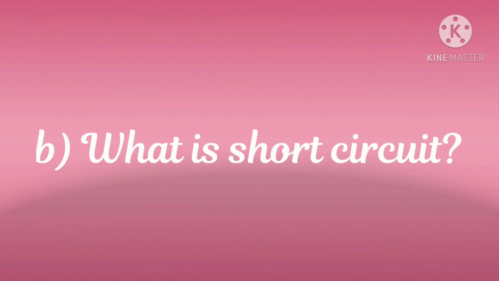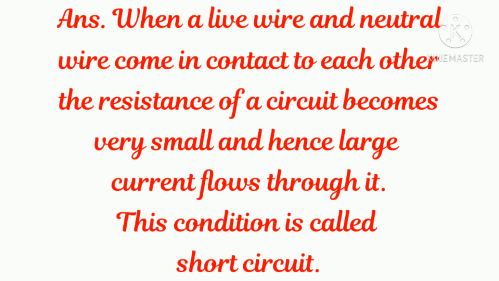B. What is short circuit? The answer is, when a live wire and neutral wire come in contact with each other, the resistance of the circuit becomes very small and hence a large current flows through it.